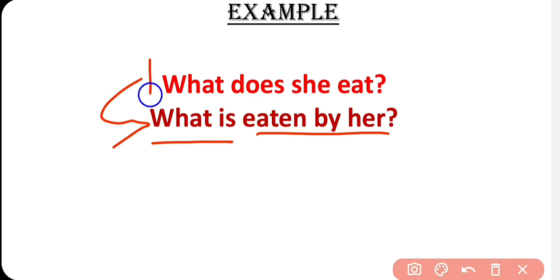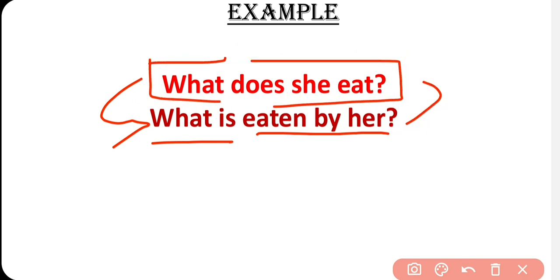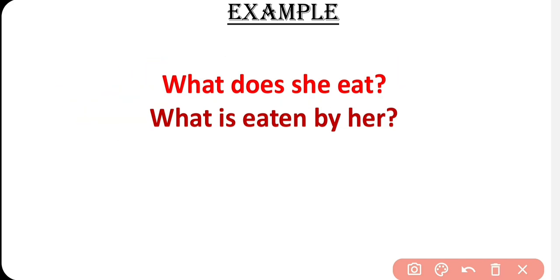So notice how the voice change works for sentences that contain what. So here I have taken an example and I am going to explain it.